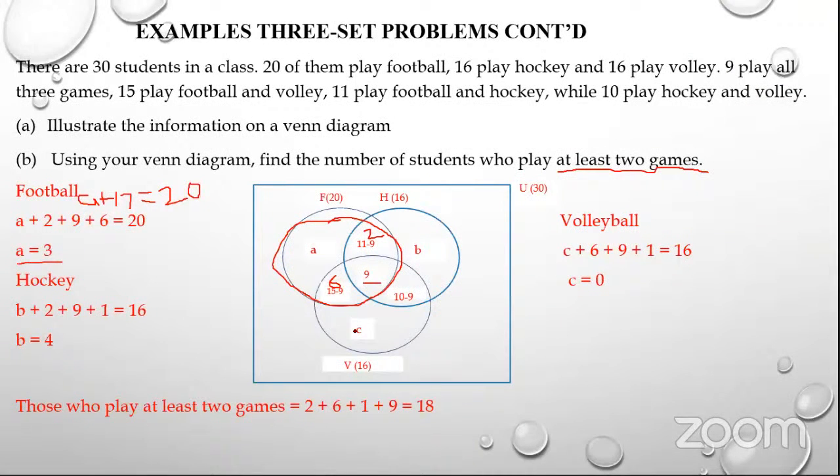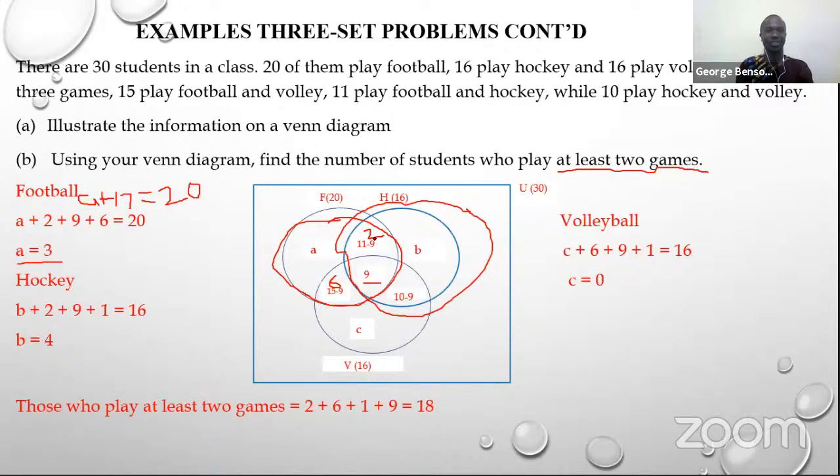Then we come to hockey, and we do the same thing. We pick this region, and this will also be 1. So B plus 2 plus 9 plus 1 is equal to 16, which is the sum. We get 12 for the values, so B plus 12 equals 16.